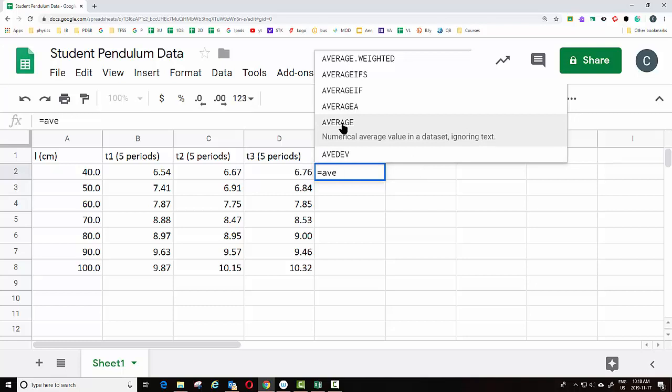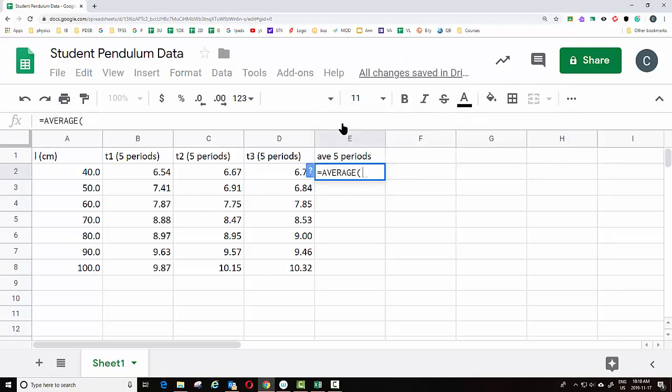It's just going to be an ordinary average here, so I'm going to use the command term average, and I want to calculate the average of these 3 numbers here. So I just highlight all 3 of them. Those are cells B2 to D2. Close the bracket, press enter, and I get the value. The average of those 3 numbers is 6.66.